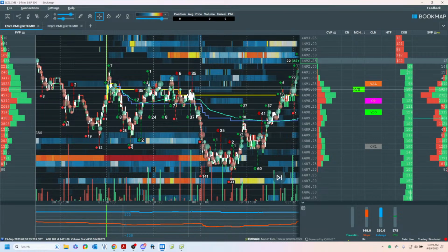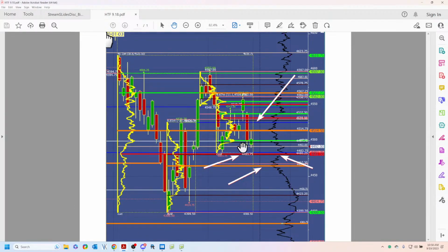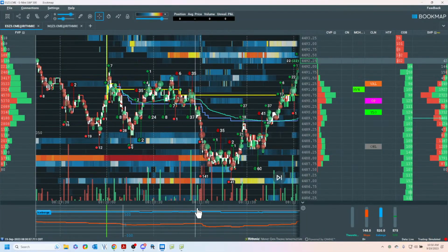We test it, it's too high, we go south. We come up yesterday, high time frame. We test it. We go south. Is everybody with me? See the fractals. We test it. We go south.